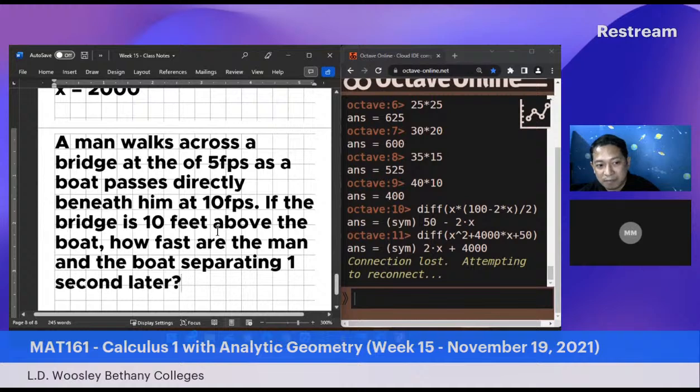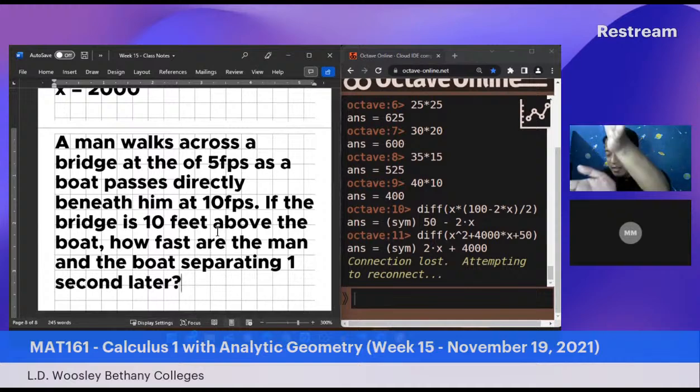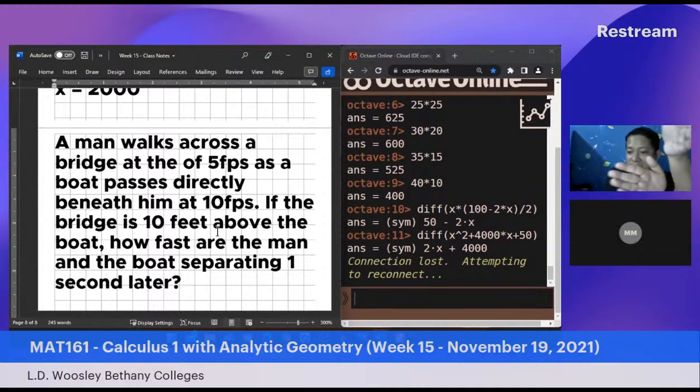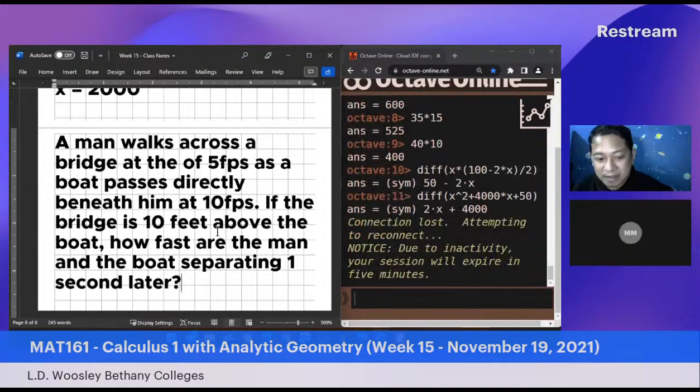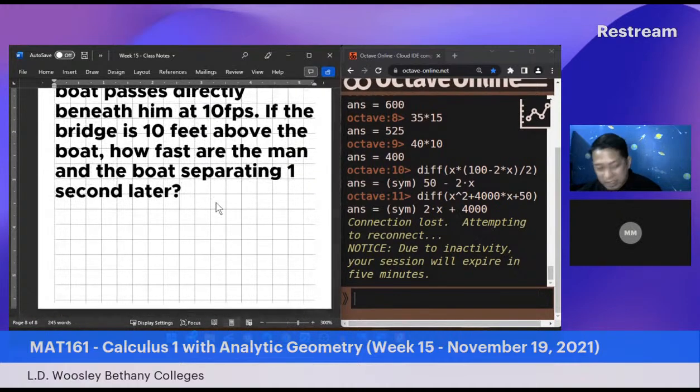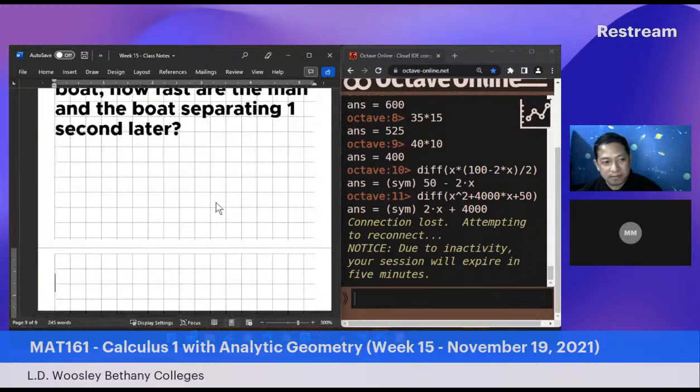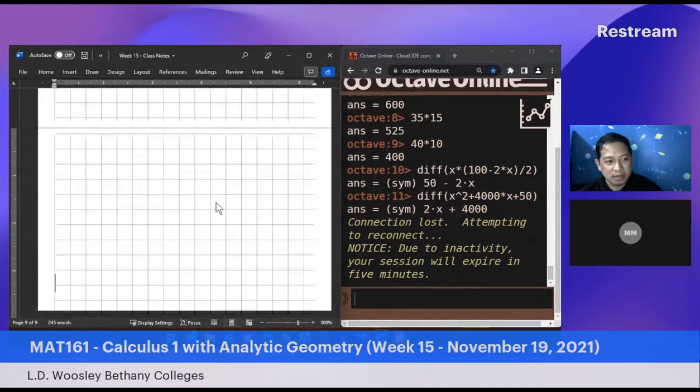How fast are the man and the boat separating, their separation? It's perpendicular. While the man walks, the boat also moves past in a perpendicular direction. However, they are separated by 10 feet of distance. Okay, make sense, Micaela? I will be looking into the illustration here.